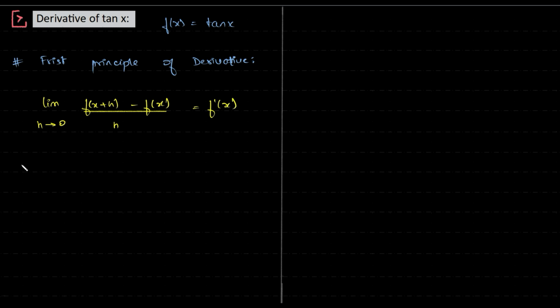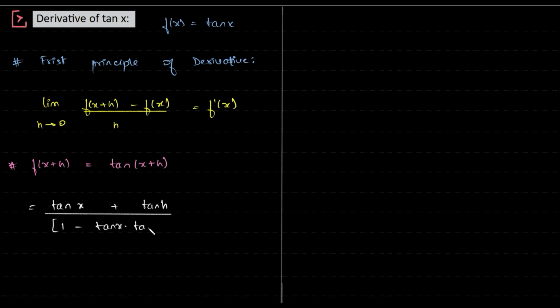Now, I always advise, let's take up f of x plus h separately, simplify that and then substitute it back. So this would be tan of x plus h, and this is nothing but tan x plus tan h, and this entire expression divided by 1 minus tan of x into tan of h.